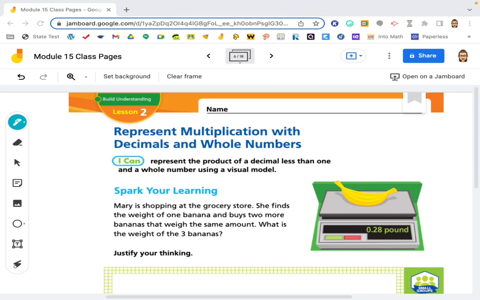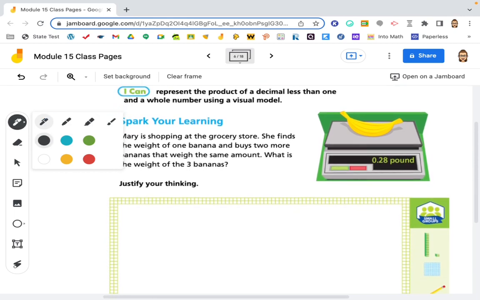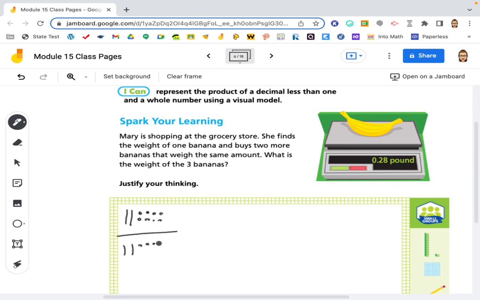Well, we have 1 banana that weighs 2 tenths and 8 hundredths pounds. And then we would have another banana that weighs the same, and then another banana that weighs the same.